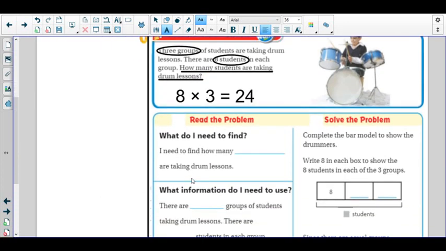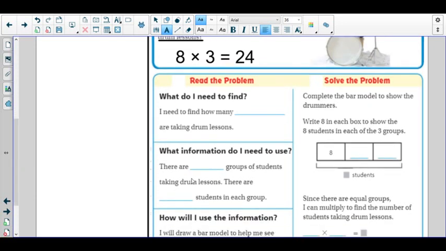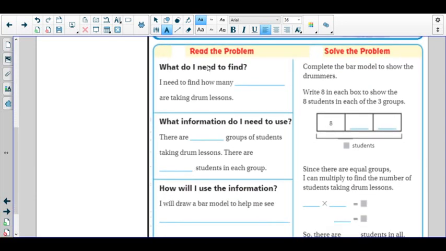Perhaps maybe we didn't know that. Perhaps we need to see it with this bar model. So what do I need to find? I need to find how many students are taking drum lessons. All right. What information do I need to use?